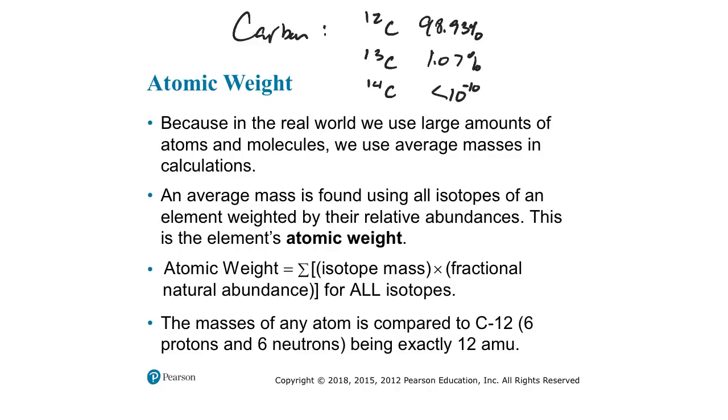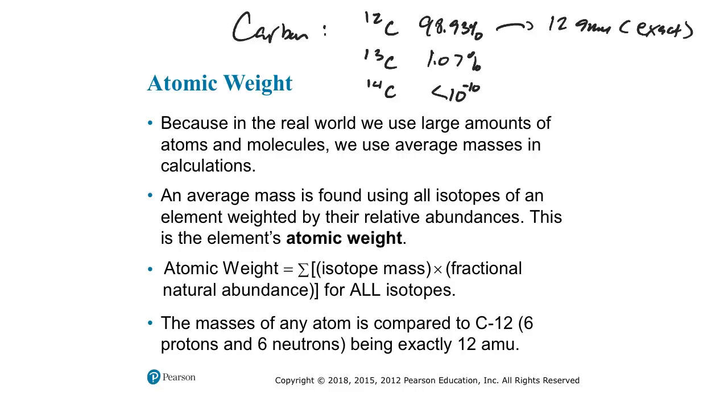Now the thing that we might wonder is, what's the average mass of carbon? If you encountered carbon in nature, a sample of, say, graphite, what would the average mass of the atoms within that sample be? Well, the other thing you would need to know is, what's the mass of each of these isotopes? The mass of carbon-12 is exactly 12 AMU. This is an exact definition in the AMU system.